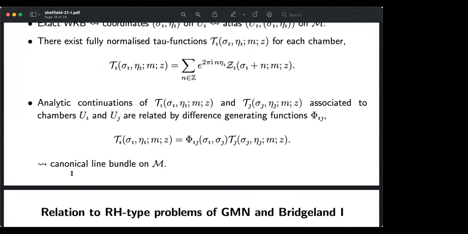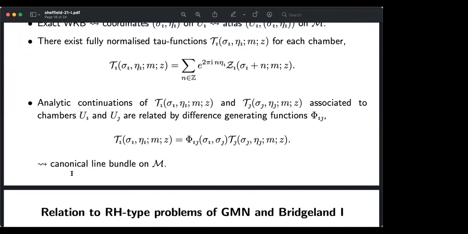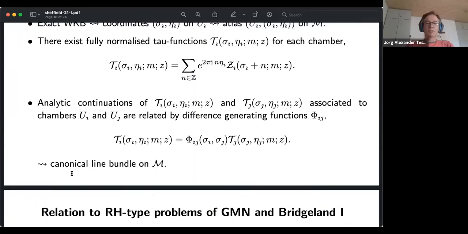Excuse me, can I ask a question? Sure, of course. For your tau function, can you explain the h bar dependence? Oh, the h bar dependence, yeah. First of all, let me stress that it's just suppressed in the notation. It is always there, parametrically.